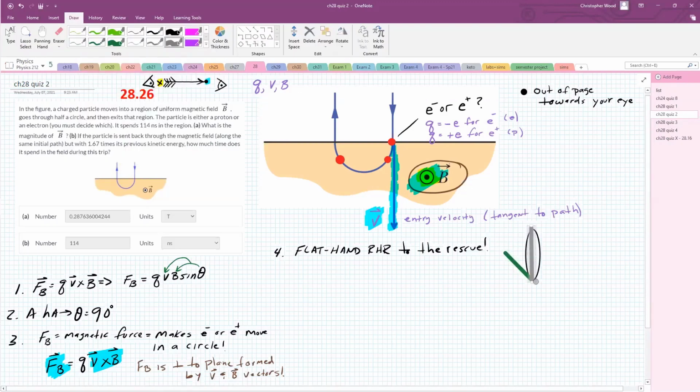1, 2, 3, 4. 4 fingers. 1, 2, 3, 4. And this is little pinky. Okay. Not bad, really. I can see it, but all right. So these are your four fingers. This is your thumb.